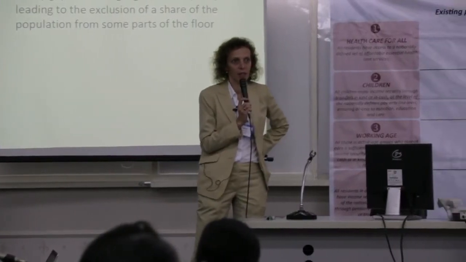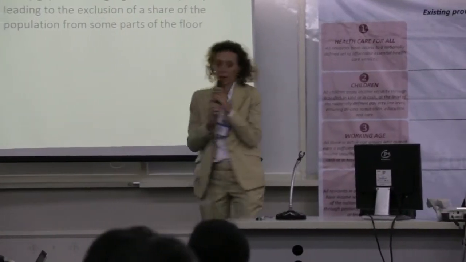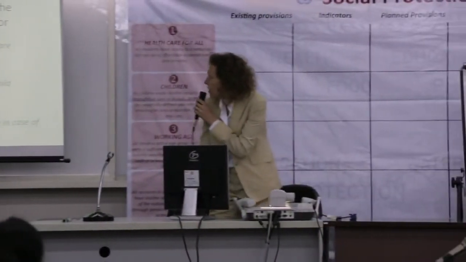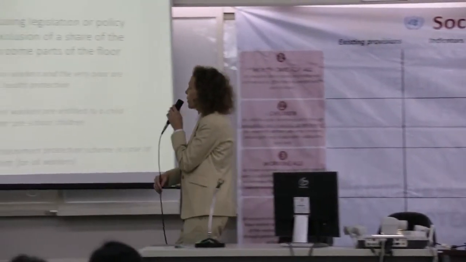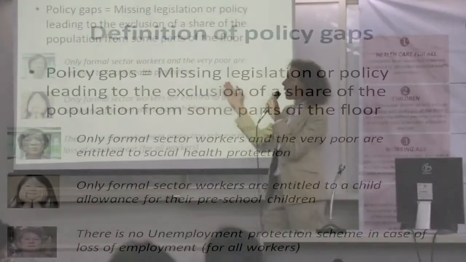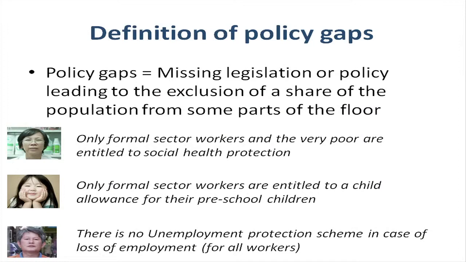Thank you. Okay, so just to give one or two examples, for instance, if in a country only formal sector workers and the very poor are entitled to social health protection, it means that the rest of the informal economy, which are not poor, are not entitled to social health protection, so there is a clear policy gap.